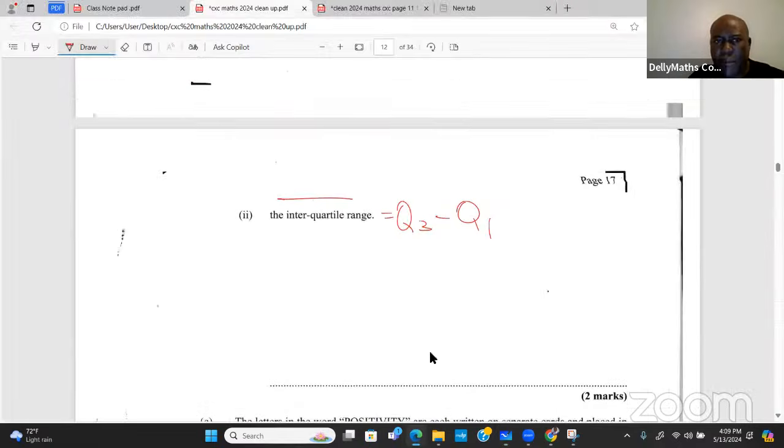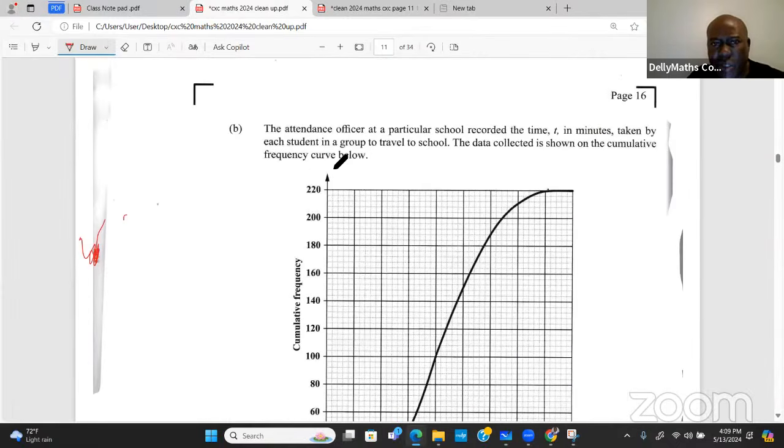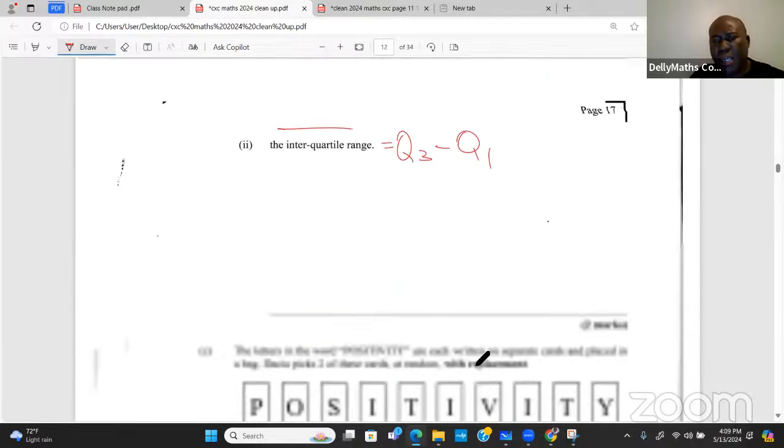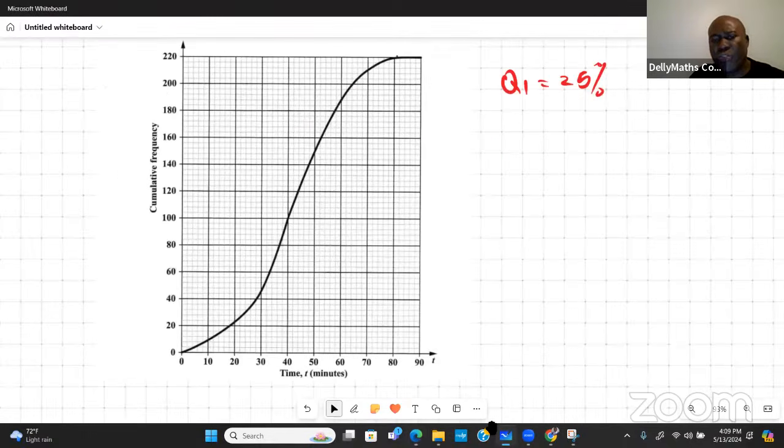Your sample is 220. I don't think you were told, but you could see there, when you're dealing with your cumulative frequency curve, the last number up there where the curve tapers off is 220. So you're going to find 25% of 220. But that's not going to give you the answer. It's going to help you to find the number that you need to work with. So 220 divided by 4, where we get 55.